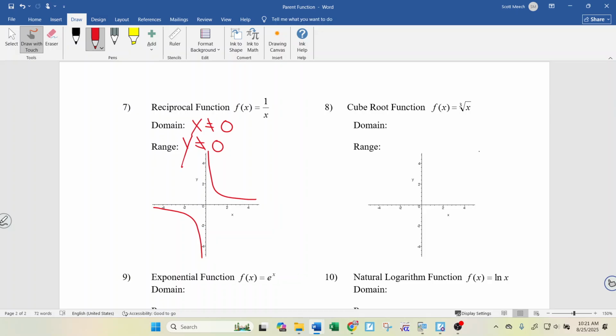You also could write it as negative infinity to 0, 0 to infinity. You gotta skip over 0. The cube root function is kind of like the cube function, but it's on its side. And it's the same.